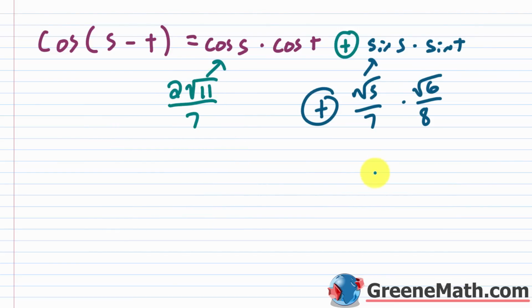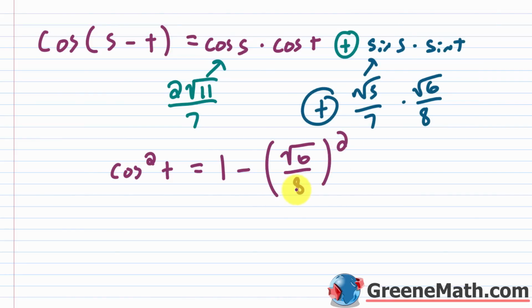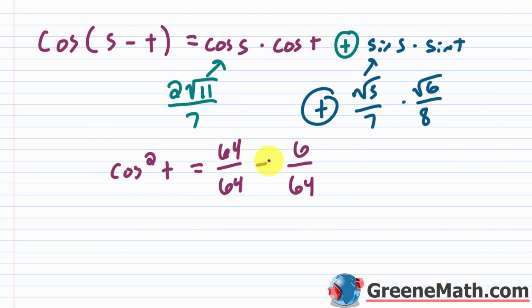Okay, so for cosine of t, we're going to use something very similar. We're going to say that the cosine squared t is equal to 1 minus sine squared t. Now the sine of t is the square root of 6 over 8. So we want to plug in the square root of 6 over 8, and we want to square that. So this is 6 over 64. You can write this as 64 over 64. And 64 minus 6, that's going to be 58.